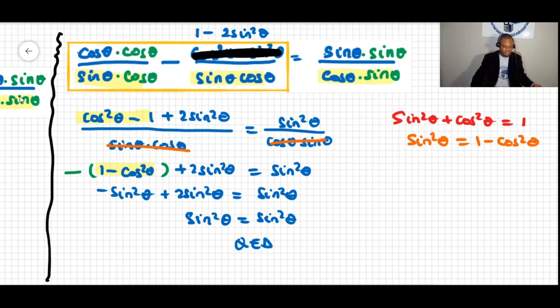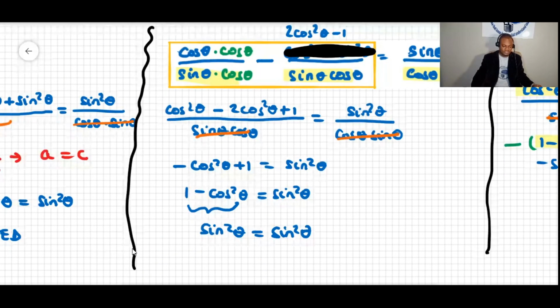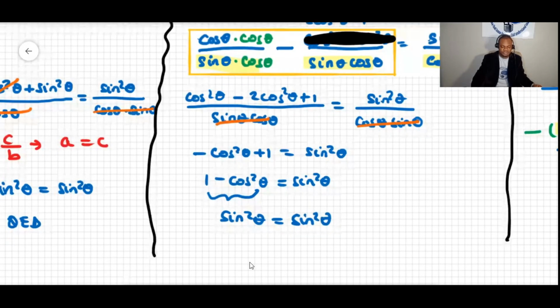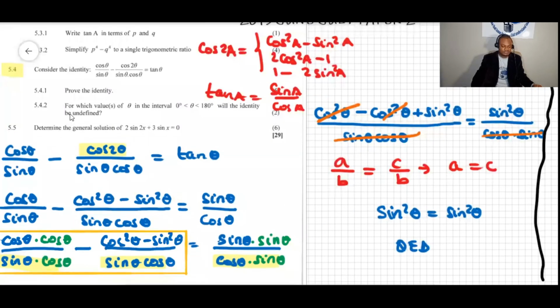Now, the following question says, let's move the screen there. So we did 5.4.1, and then 5.4.2 says, for which value or values of theta in the interval 0 to 180 degrees will the identity be undefined?